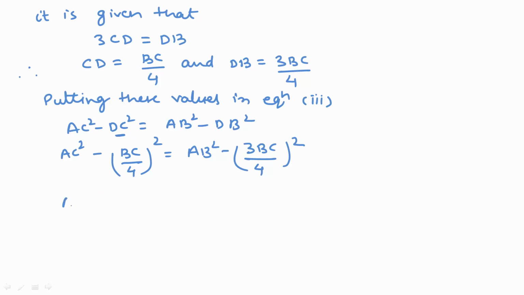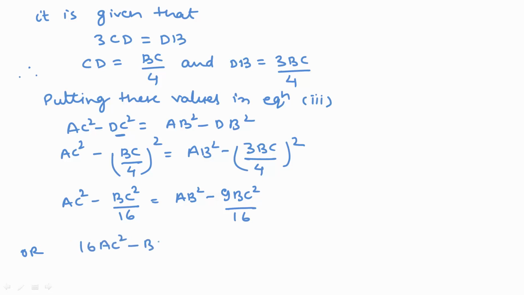This will be AC square minus BC square by 16 is equal to AB square minus 9BC square upon 16, or taking LCM, 16 AC square minus BC square upon 16 is equal to 16 AB square minus 9 BC square upon 16.